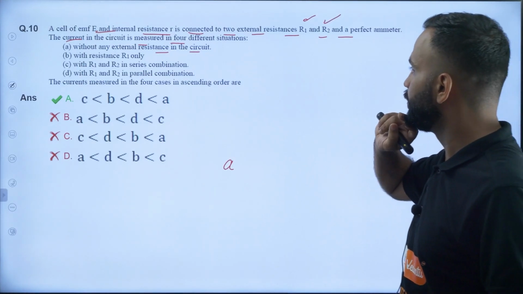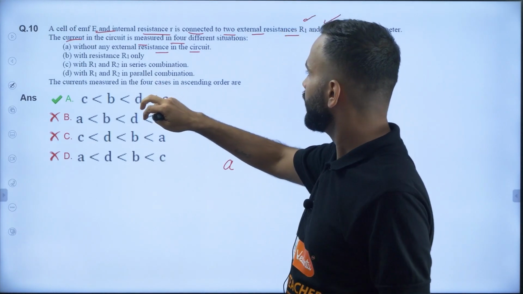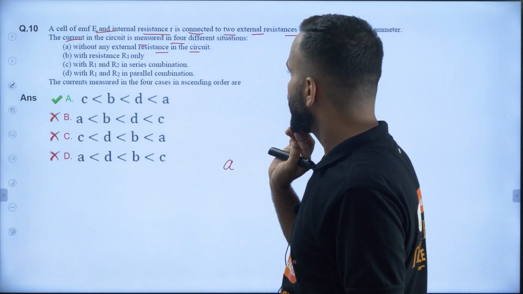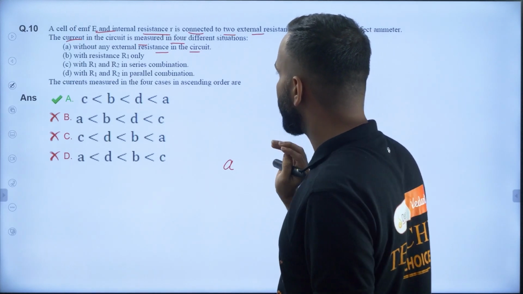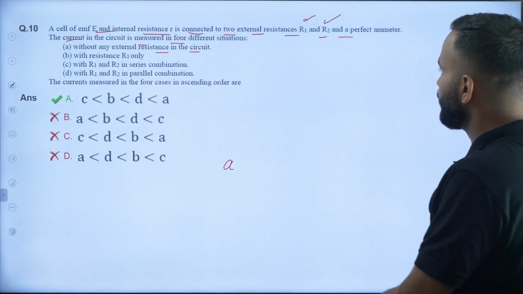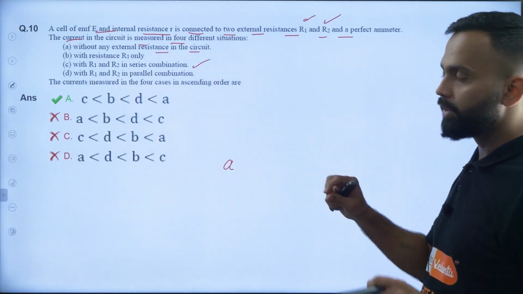Let's check B with resistance R1 only. In C, R1 and R2 are in series combination. In D, R1 and R2 are in parallel combination. In the series combination, the current is the lowest, since R1 and R2 are both in series.